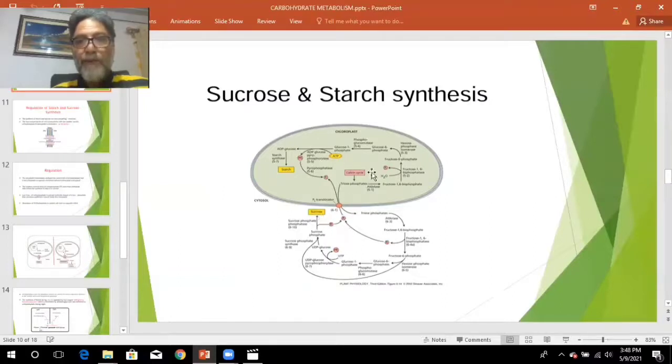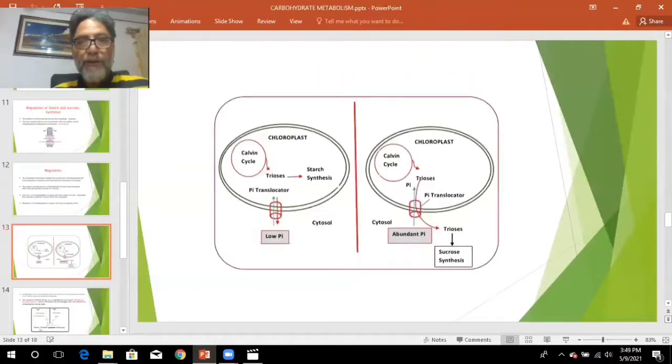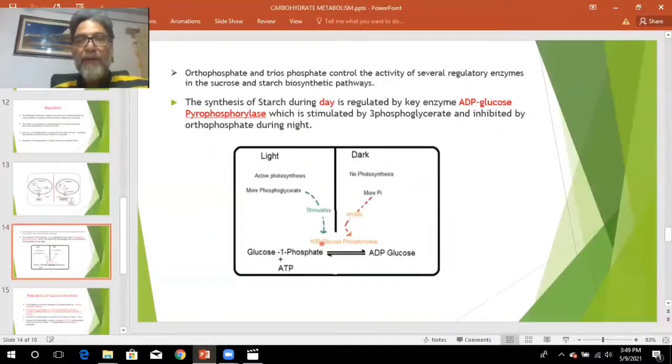That means if there is triose phosphate available, it will be utilized for the formation of sucrose.